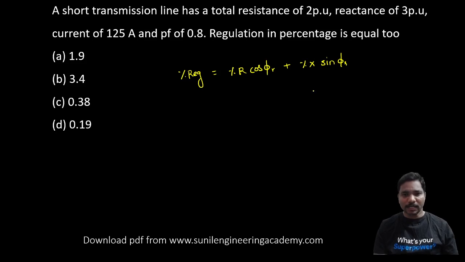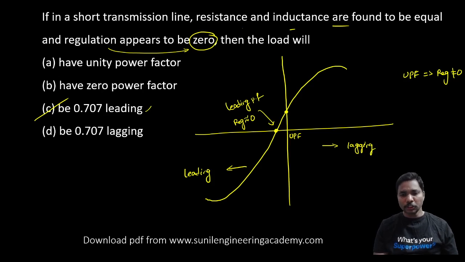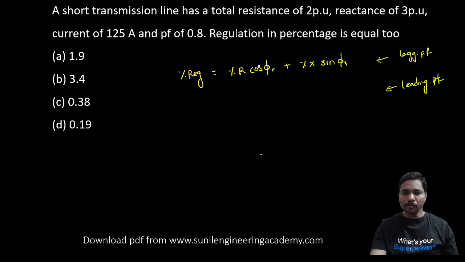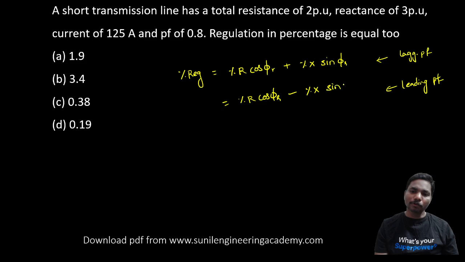Until they have given otherwise, we have to take this for the lagging power factor. For leading power factor, we know very well there is a chance of zero or negative. Zero or negative is possible only in case of minus. Here there is no chance of zero.